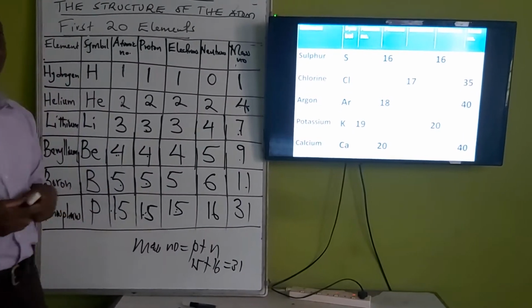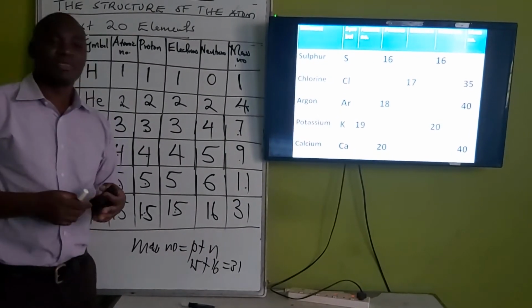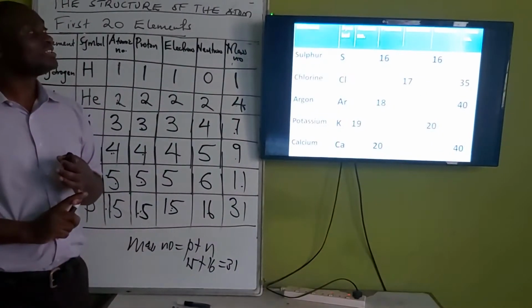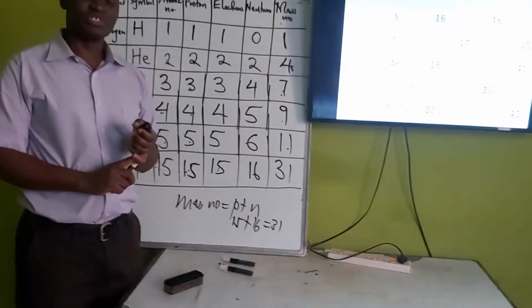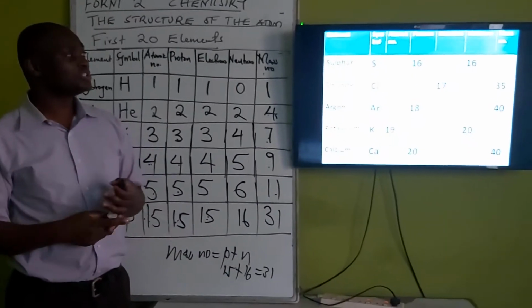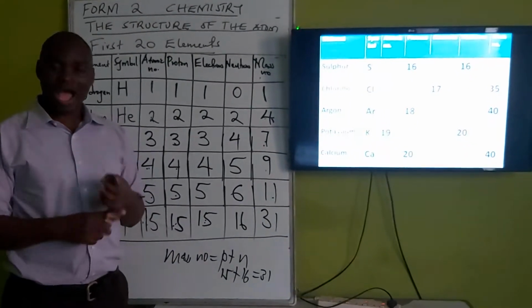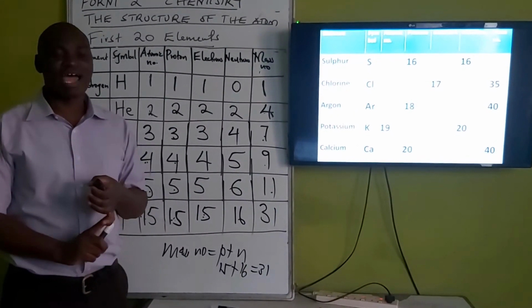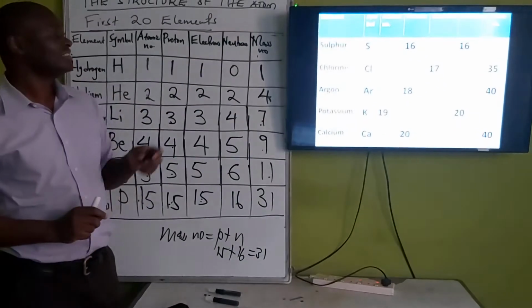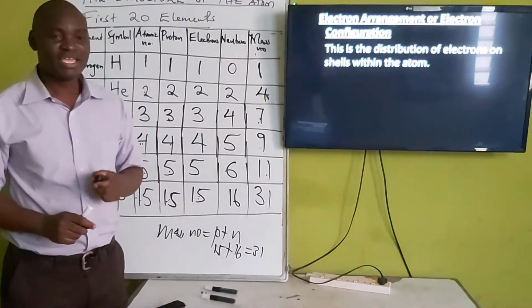So those are the first 20 elements, given the atomic number, the protons, the mass number. So in case you find a question that requires you to actually find out any of those properties of an atom, then that's how you're supposed to do it.